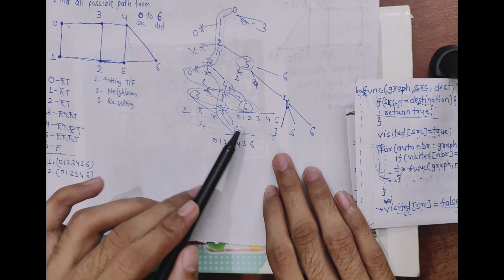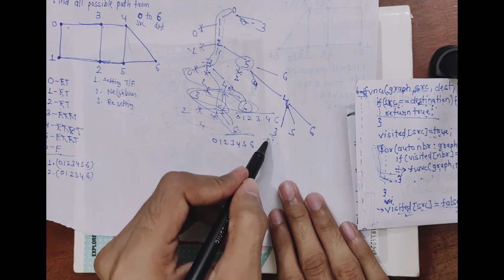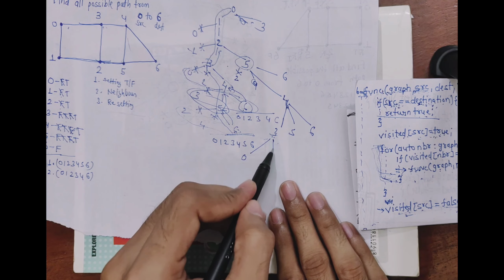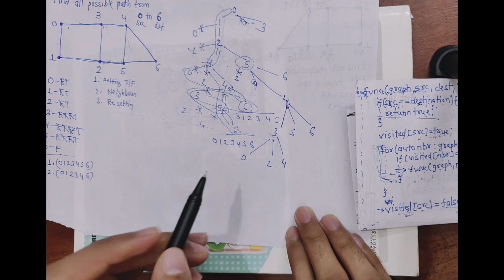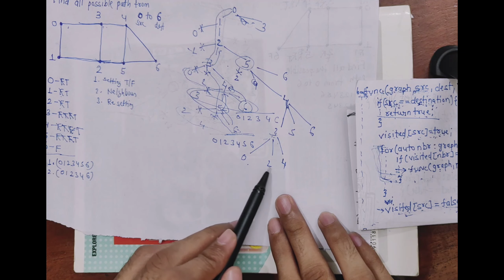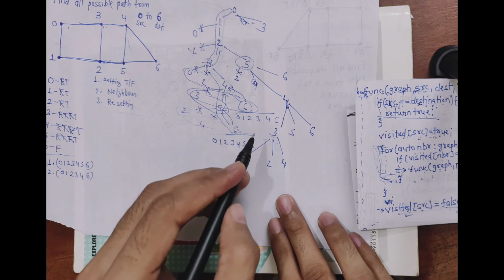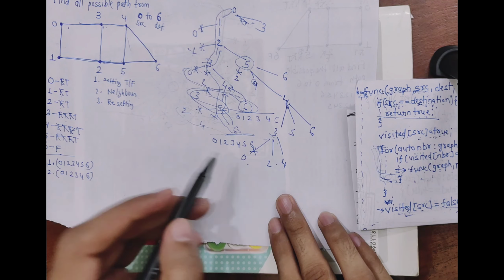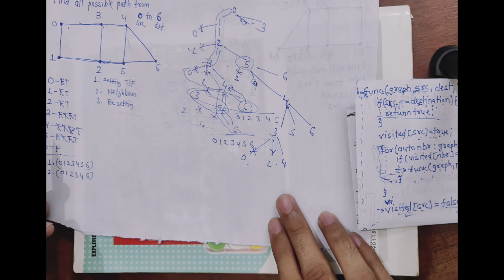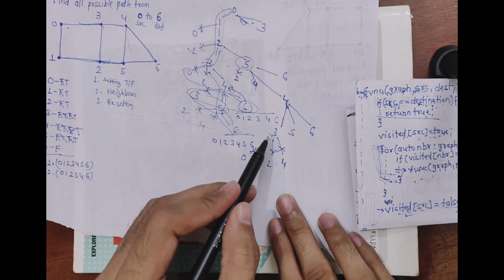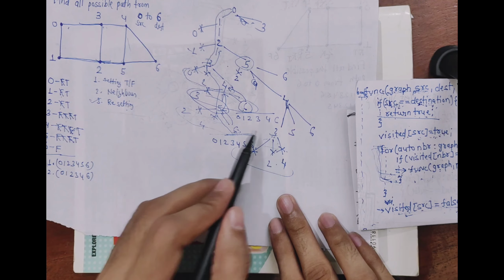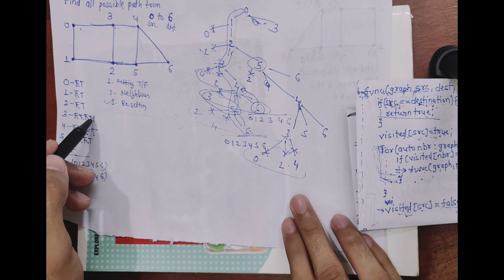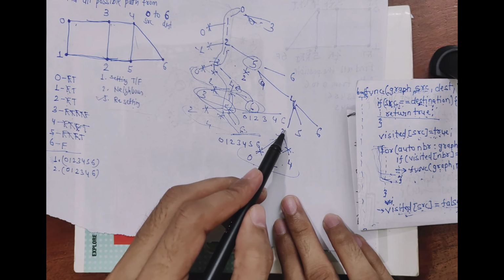Now we have to check into 3's neighbors. 3's neighbors are 0, 2 and 4, right? So we have to check which one is false. So 0 is true, can't do anything. 2 is already true, can't do anything. 4 is also true, can't do anything. Now we are done with all the neighbors. So now the third thing, that is resetting. So we will reset its value to false again. Now we are done with this.